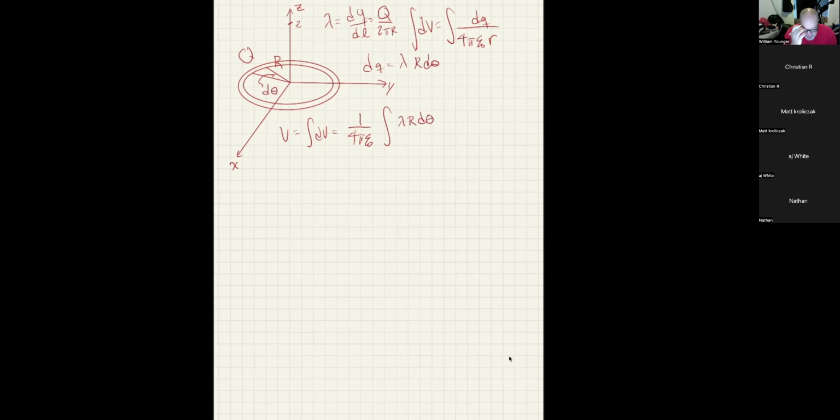And remember, lambda has units of coulombs per meter, so lambda times r has units of coulombs, and d theta has units of radians, so that is a non-unit basically, because it comes from s equals r times theta, where theta is a length divided by length. And then all I have left is the distance between the differential charge element, which I'm showing right here, is dq.